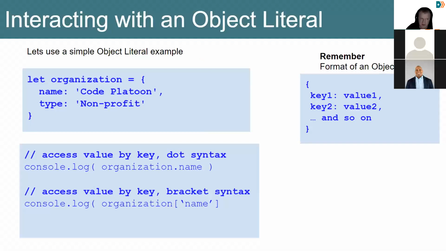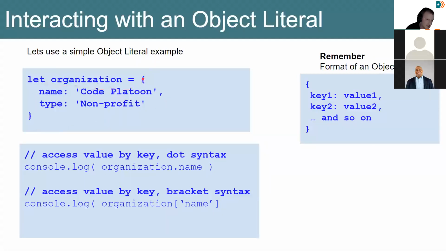Interactions with an object literal. Again, very simple case. We have two keys. Both of them are string values. You can access these values by their key. If I wanted to access the value contained within this object, I would refer to the variable by its name, because that's what's holding this object.